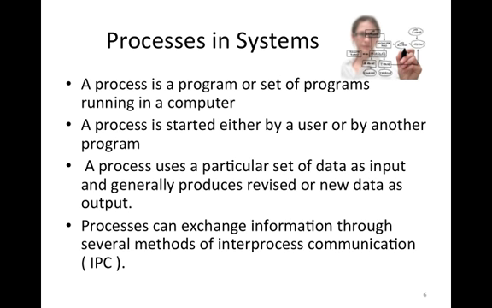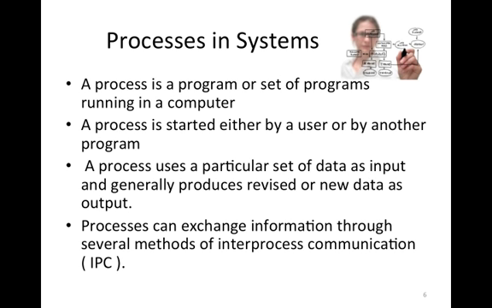A process generally uses a specific set of data as input and generally produces some kind of revised or new data as output. So we have, as we talked about before in our systems theory, input, process, output. We're really talking about this process in the middle.